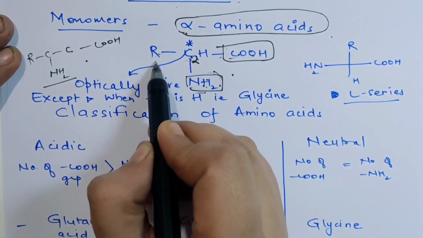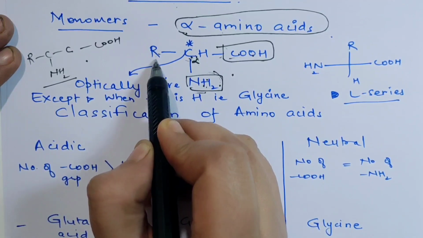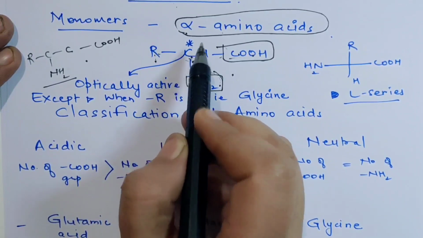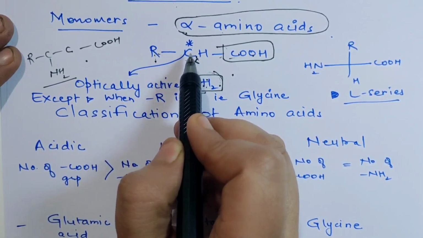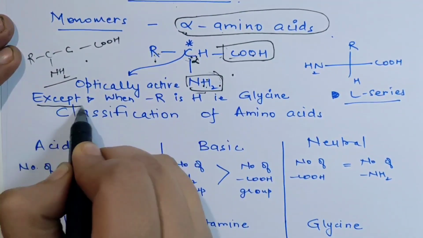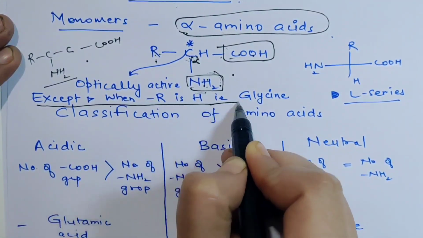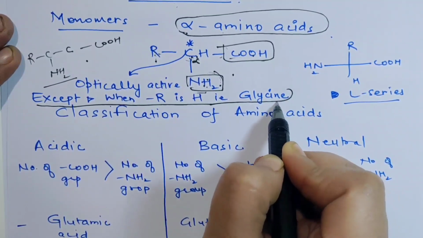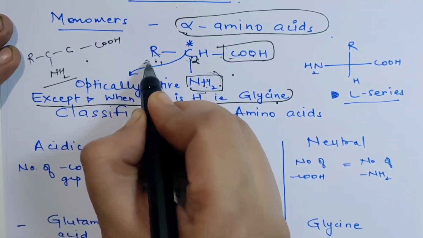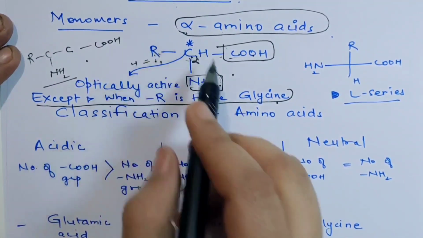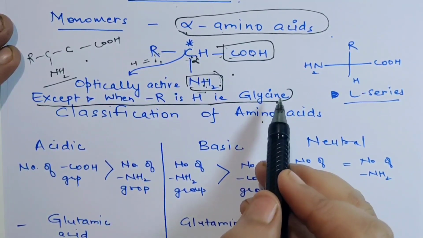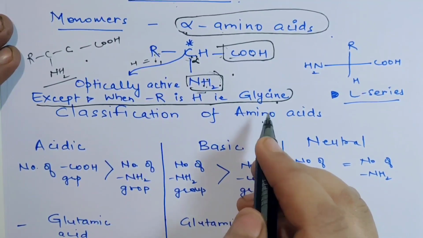But if this R group, instead of an alkyl group, is only H, then this carbon is no longer a chiral carbon. So in that case, it won't be optically active. When the R group is hydrogen, that is glycine, the only alpha amino acid which is optically inactive.